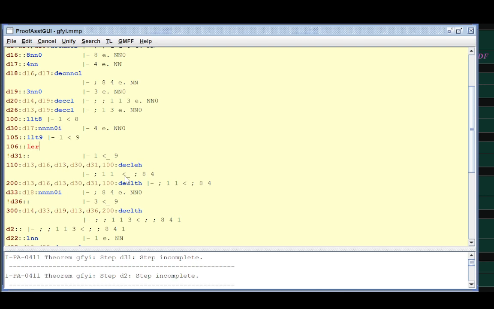Less than or equal to real or something? Less implies less than or equal to. What was it called? I swear we came across this before, where something is less than something implies something is less than or equal to something. But I can't remember what the theorem was called.